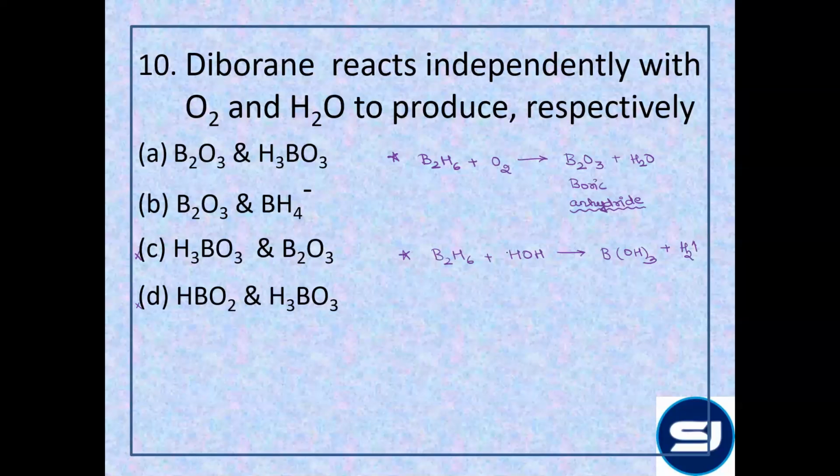Remember, with B2H6 on hydrolysis, boron and the OH combine to form the acid and the hydrogens release as dihydrogen gas. So it can also be asked which gas is released on hydrolysis of B2H6, or how many moles of hydrogen are released. A variety of questions can come here. Answer is A.